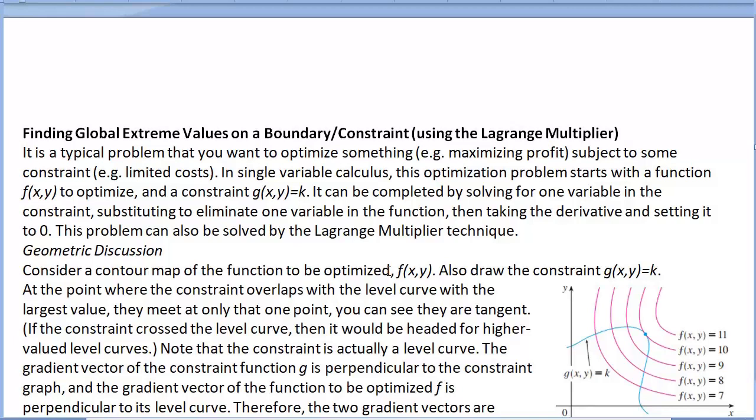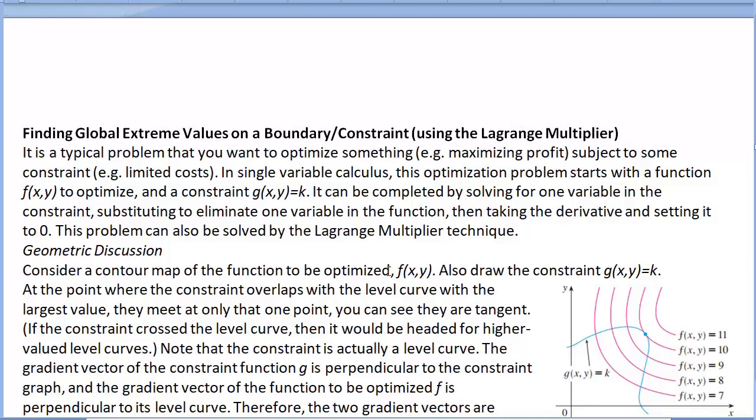And then we also see the constraint curve. That curve is where another function g equals some particular value. So let's look for the point along that curve where g equals k, where f reaches its maximum value. And that's marked with a bigger point.